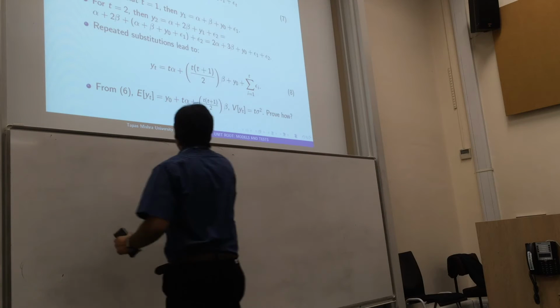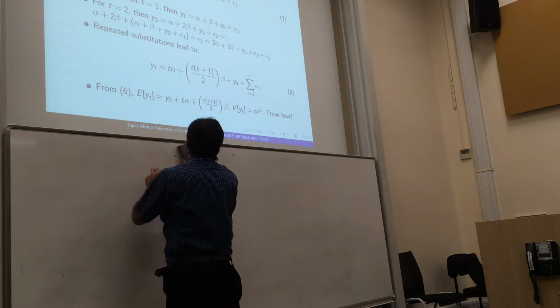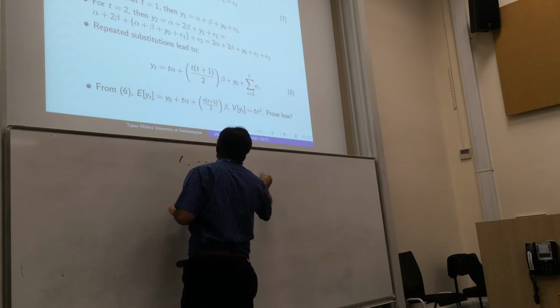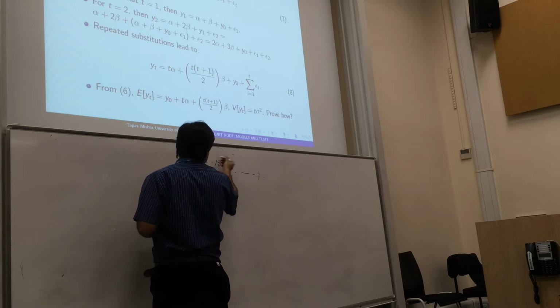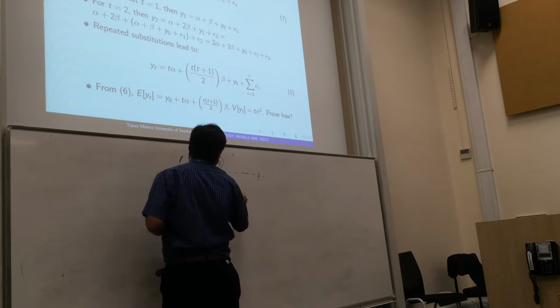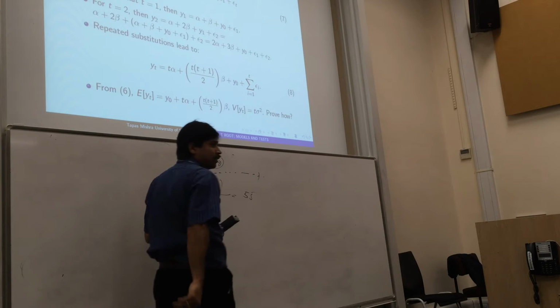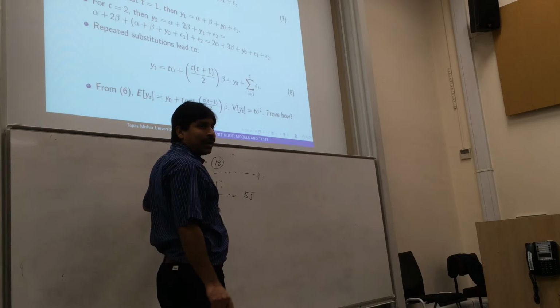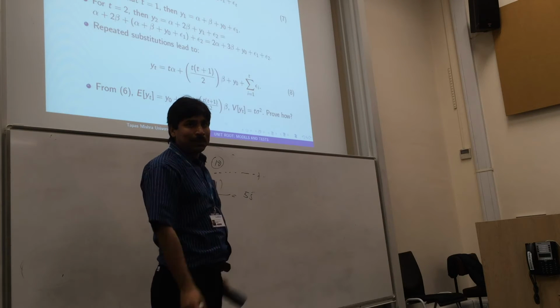So if I just want to add 1 plus 2 plus 3 plus 4 until 10, then n is equal to 10, so n times n plus 1 by 2, which is 10 times 11 by 2, equal to 55.